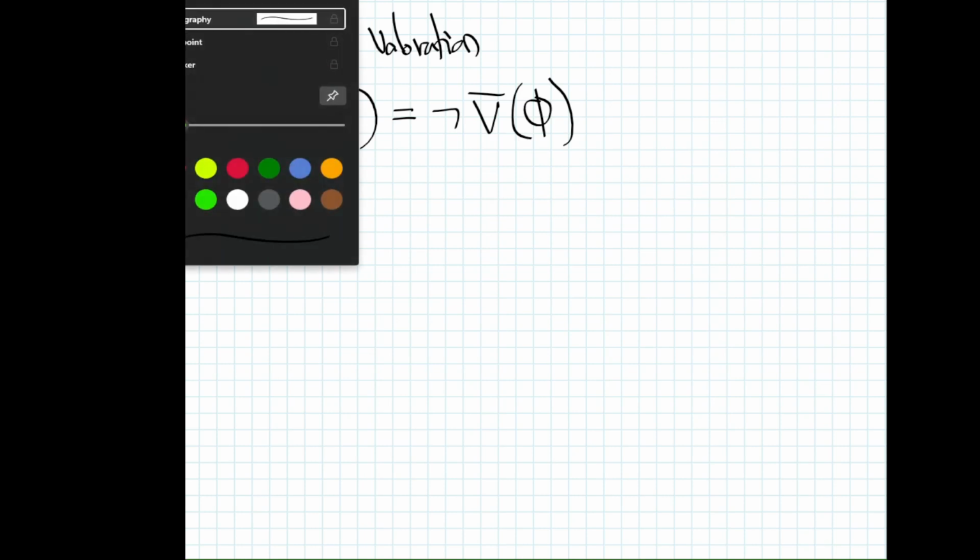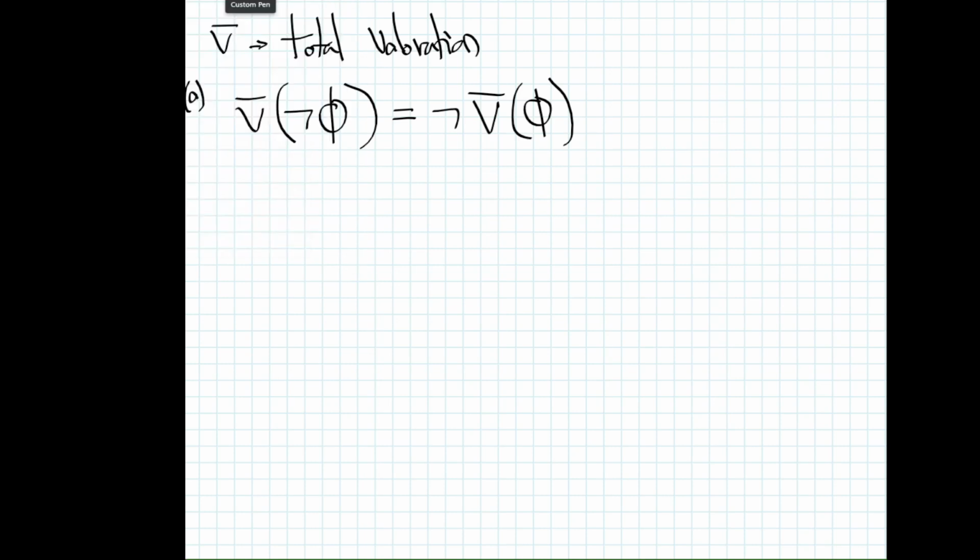Let's give another example. Let's say there's a problem B. Let's say that B asks for the total valoration of this formula, whatever it may be. We can also do something here.